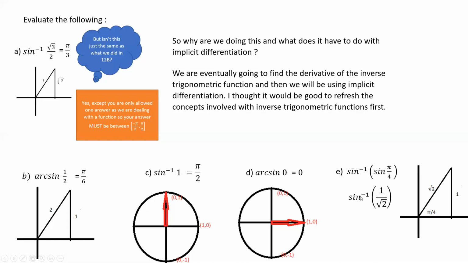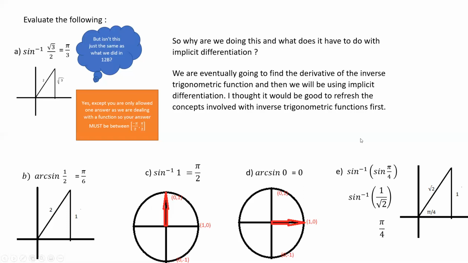And now we're finding the angle that has a sine value of 1 over root 2. Well, that's pi over 4. There must be a quicker way of doing that. We started with pi over 4, we went to 1 over root 2, and then we went back to pi over 4. The reason we're doing that is inverse sine and sine undo each other.